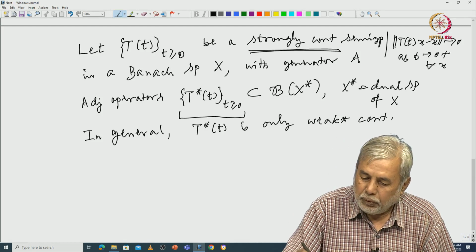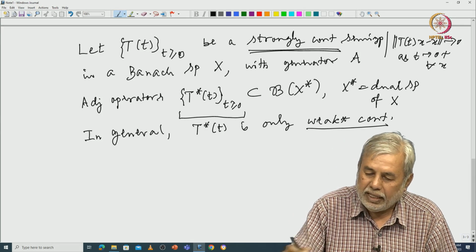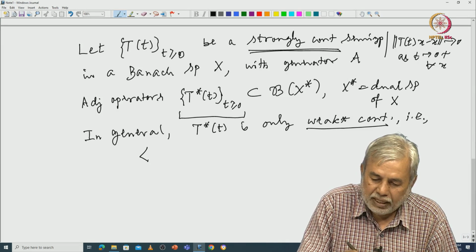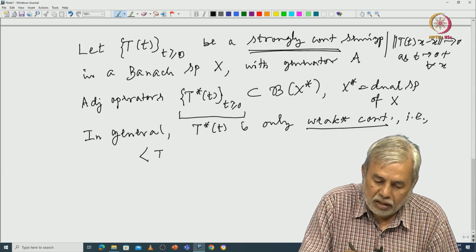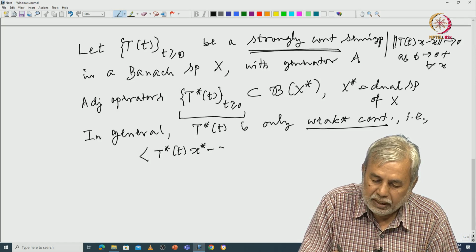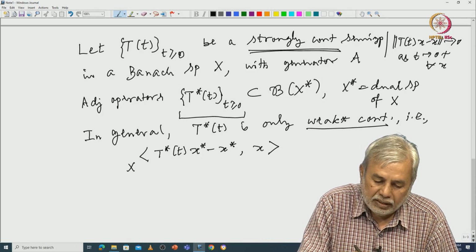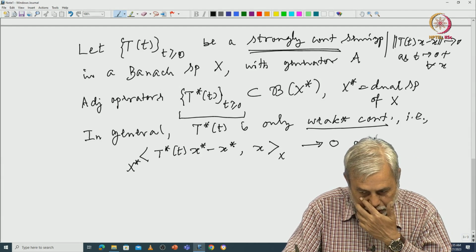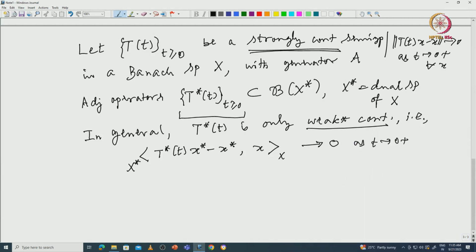But in this case we have only weak star continuity, that is, if this is the duality bracket between X star and X, then T star(t) x star minus x star, paired with x, tends to 0 as t tends to 0 plus for all x star in the dual space and x in the original Banach space.